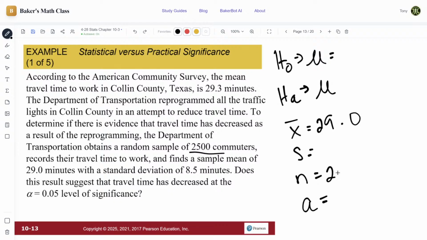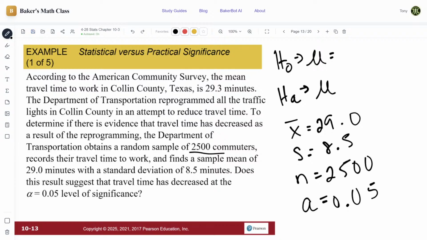That is N. My standard deviation is 8.5. What's my level of significance? Yep, 0.05. What is my null hypothesis? What am I comparing it to? $29.3.